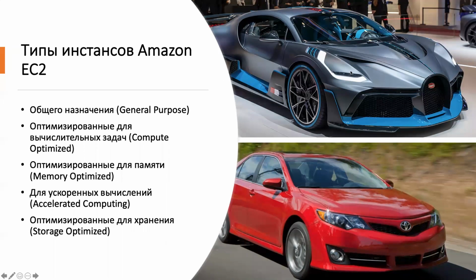Sport cars are great for car racing in terms of performance and acceleration, but on a day-to-day basis, would you really buy one? So when you are choosing instance types, always think of the nature of your application, what kind of resources are needed for it, and based on that, choose different instance types.